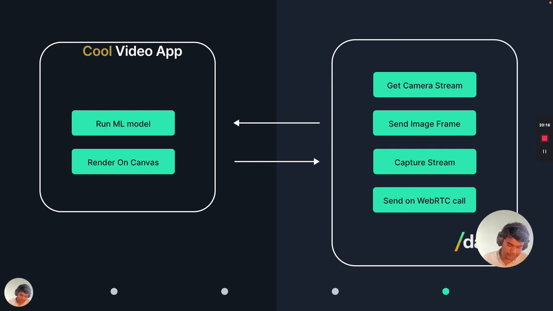Really, what we're trying to do is let developers focus on their core user experience, the product experience that they're trying to build, while abstracting away all the nitty-gritty details of enabling this on a WebRTC call and optimizing the CPU load and all of that.